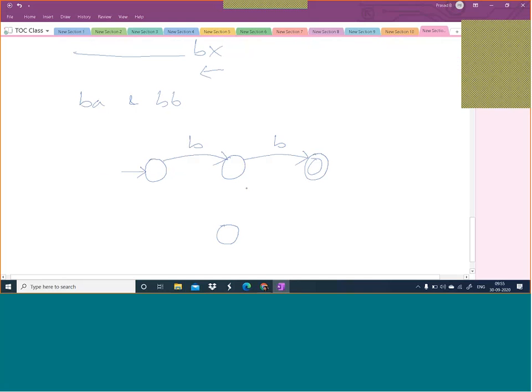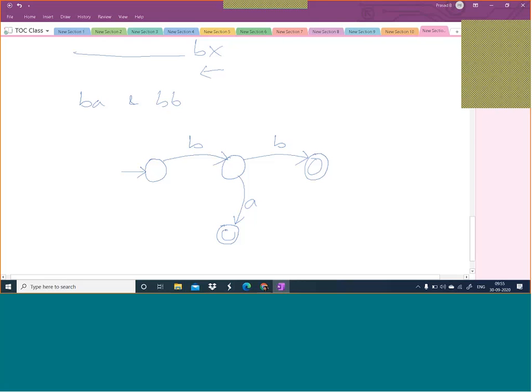Now we must complete this one. This is valid, this is also valid, because in all these strings the second symbol from the right side is B. So accept that. Here, if A comes, go to this state. If B comes, don't accept, because the second symbol is not B, so we go back to non-final. Here A comes, yes, the second symbol is B, so we come to this final state.